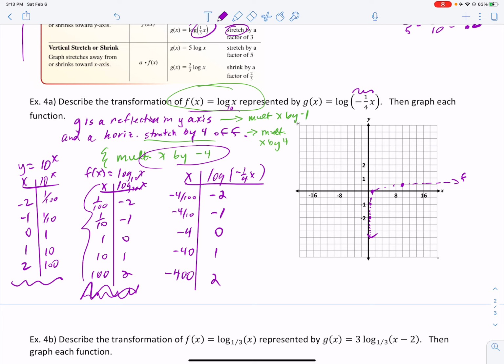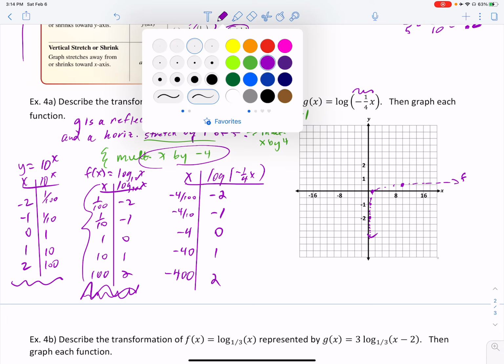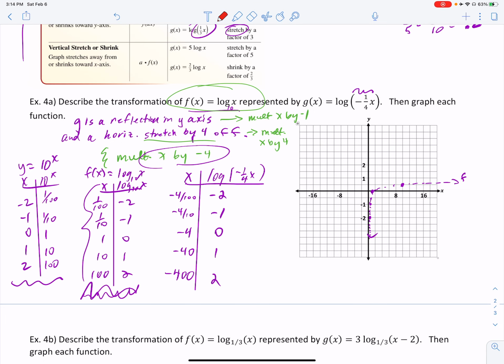But now I am going to have a horizontal stretch by 4, so we're pulling away from the y-axis. And we also had a reflection, so it's flipping over the y-axis. So at -4/100ths, I'm at -2.